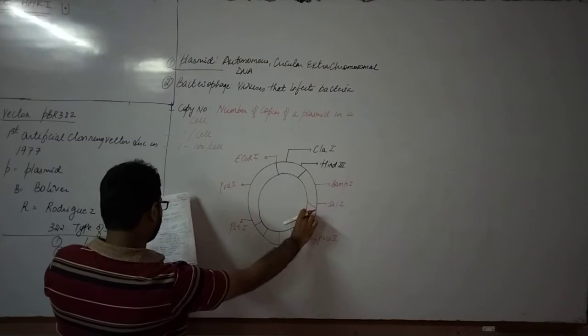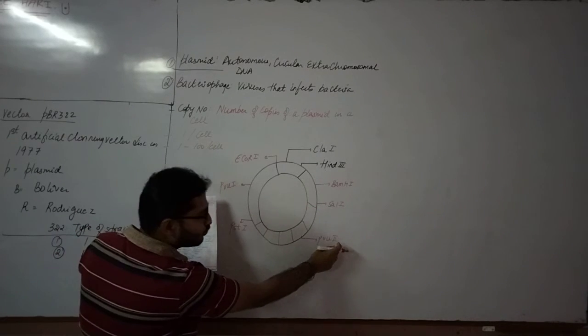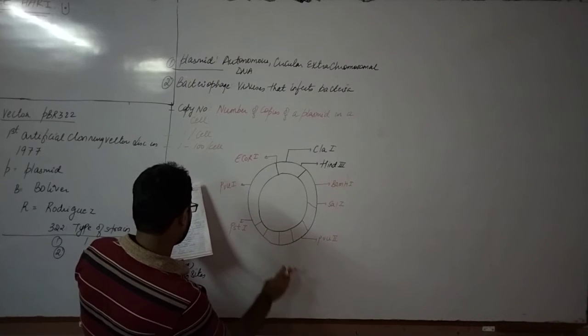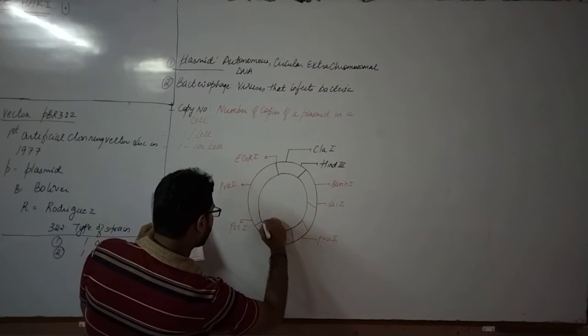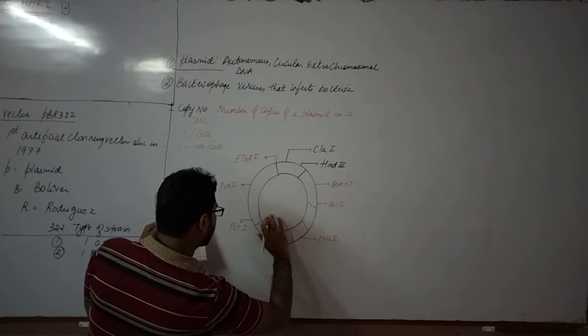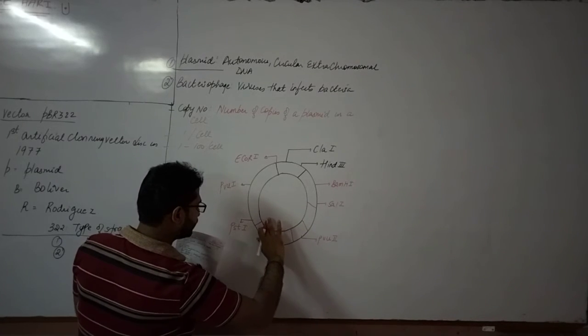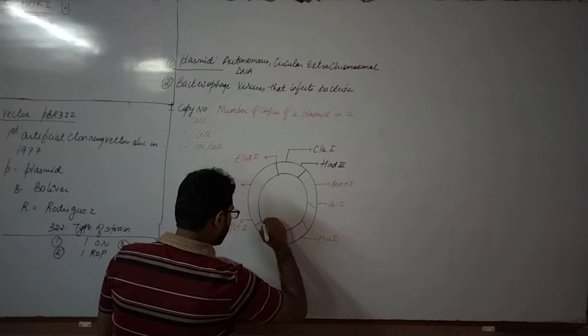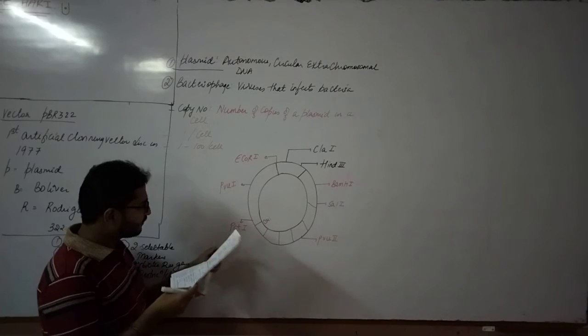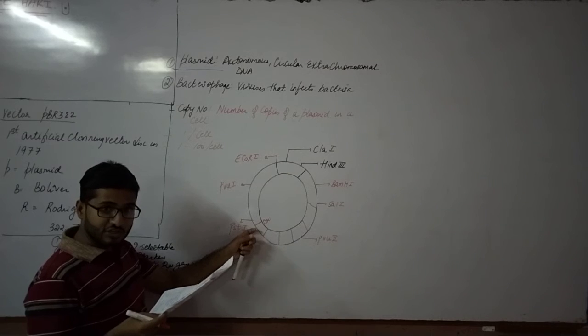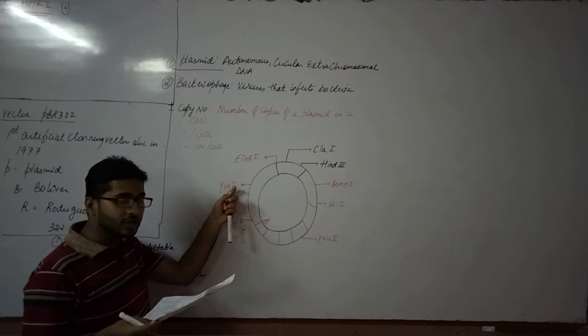Then this is a vacant place, we have PvuII restriction endonuclease, then again vacant. Afterwards we have the ORI site. After ORI we have PstI restriction endonuclease, then PvuI.